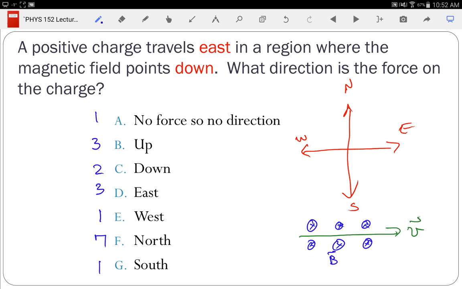Yeah, so this is like some east. North is up. Okay, I was wondering. So if you start, when it's west, B is the magnetic field. Oh, the magnetic field goes down? Yeah, down to the east.